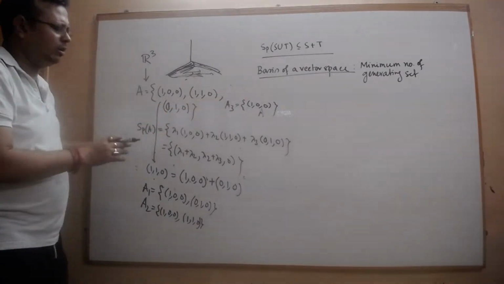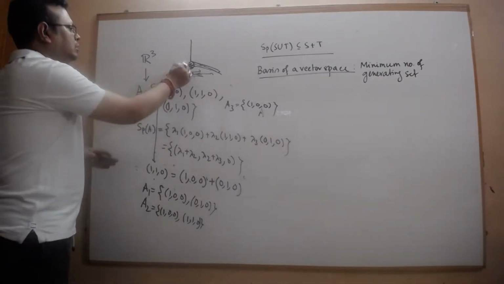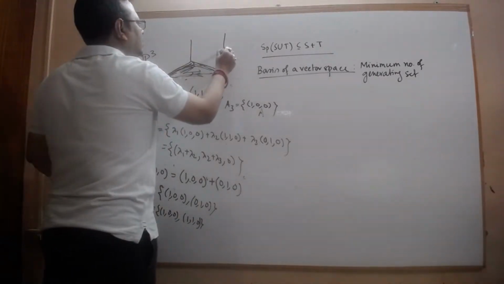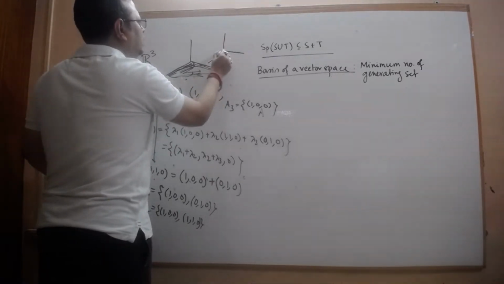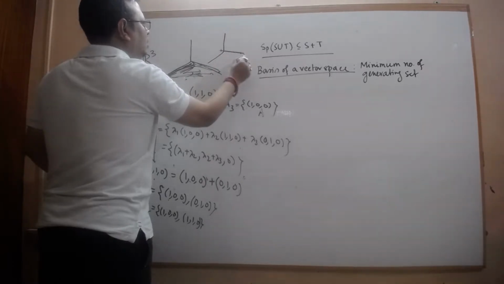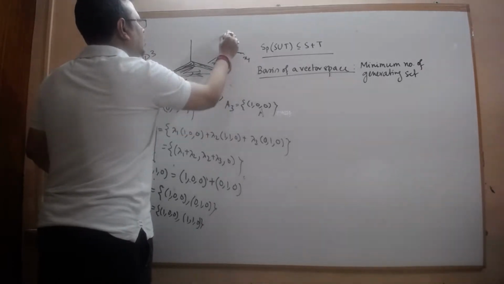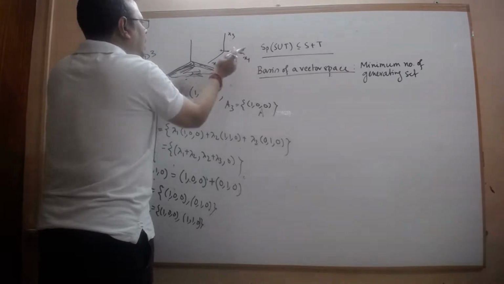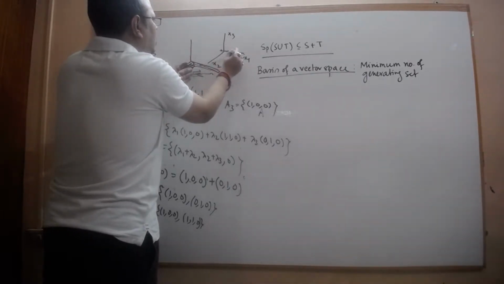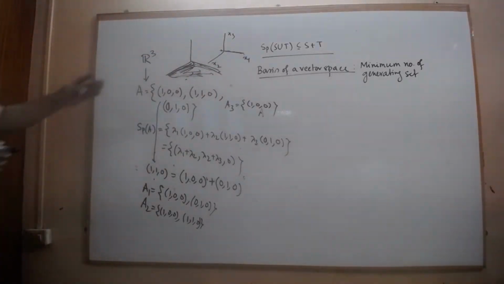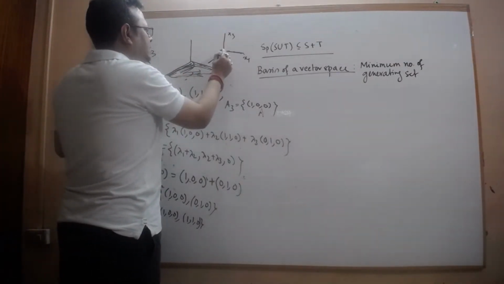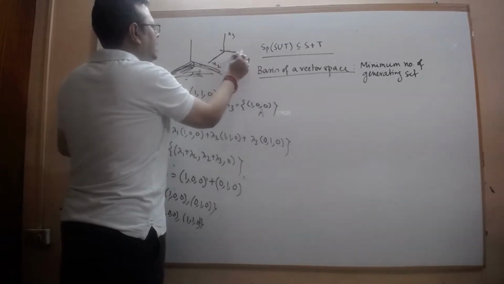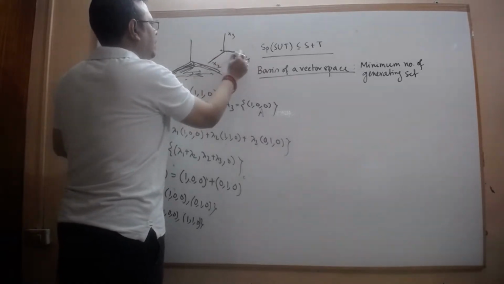This 1, 0, 0 does not give this vector space. This gives only the collection of points which lie on this line. So this is not the same as this. This is a subspace of this vector space.